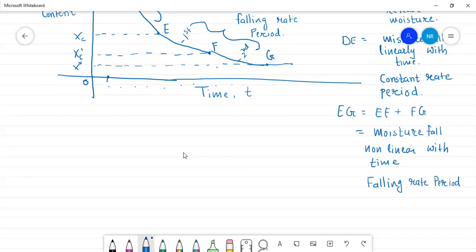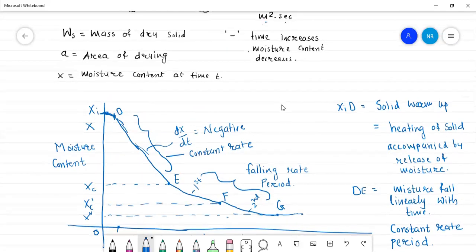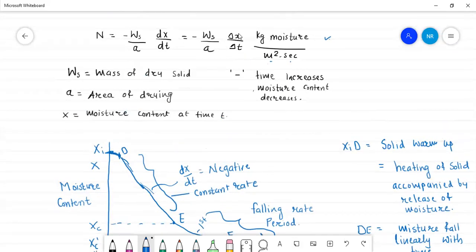Now we have different values of x with different values of t. The area is constant, and we have the mass of solid.